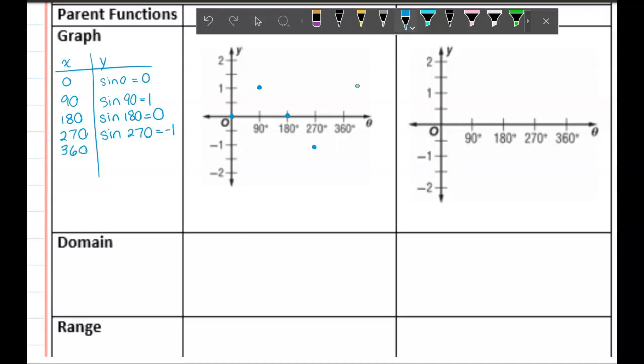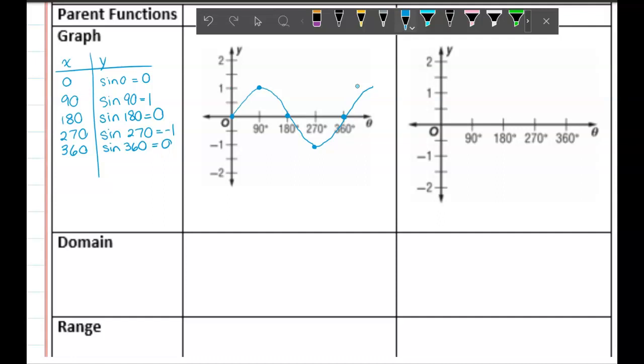Putting in 360 degrees, the sine of 360 degrees is 0. If your calculator is in degree mode and you test this out, you would get these values. So when we gently connect these points that we've plotted, this is our sine function.